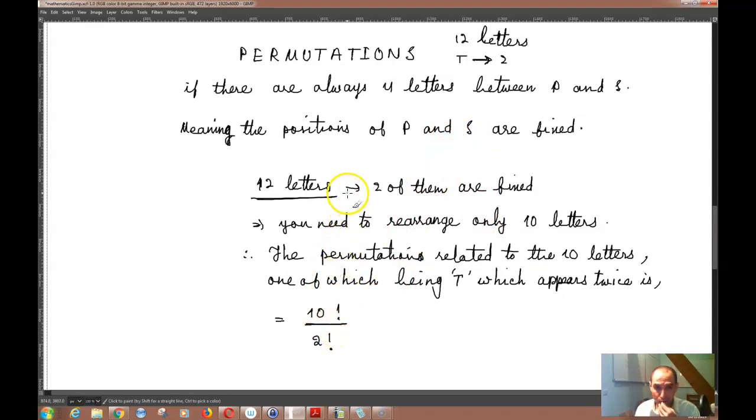So that's basically one part of the solution. The other part of the solution is that we said that P and S are supposed to be put in place in such a way that there are always 4 letters between them.